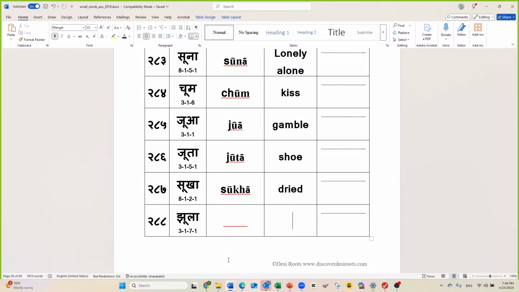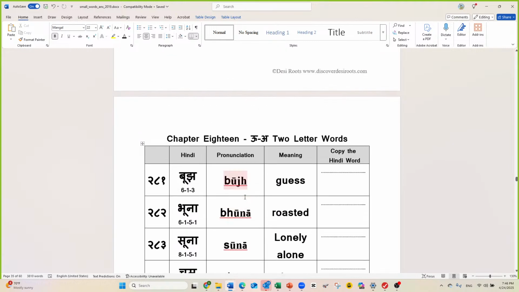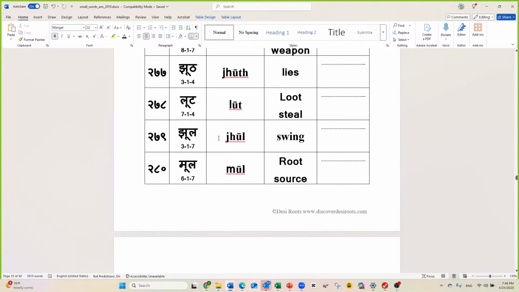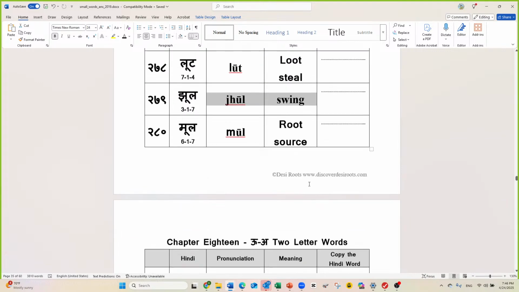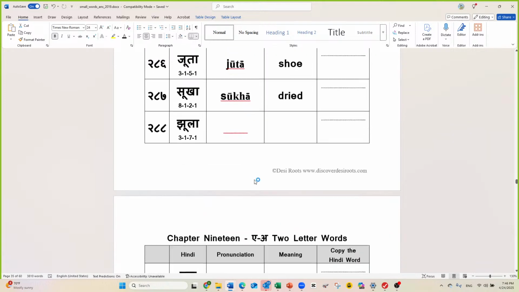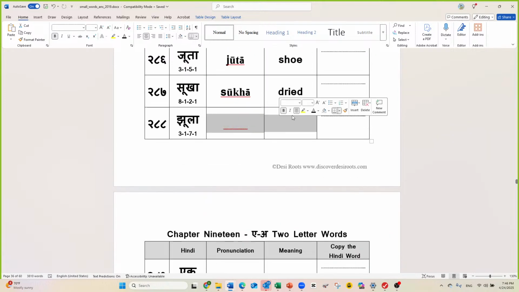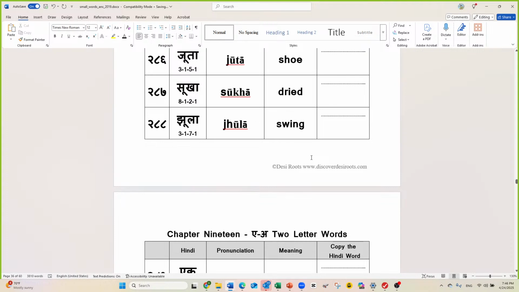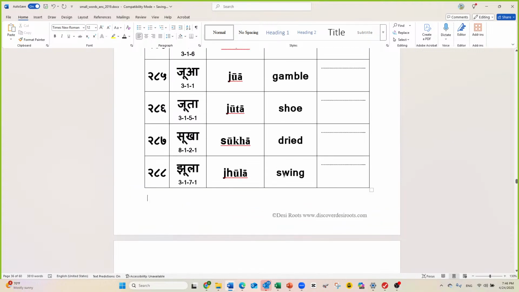Jhula. What does jhula mean? We just did it. I forgot. We did jhool, right? Jhool was swing. Jhula is the swing itself on which you swing. So swing could both be a verb and a noun, right? So this is the swing on which you swing. Jhool is to swing. Jhula is the swing. Understood?